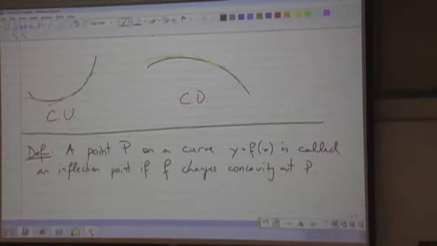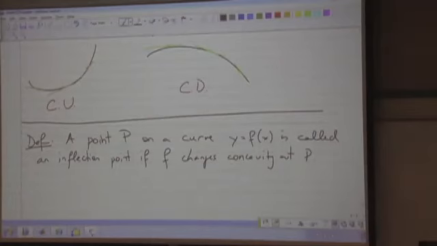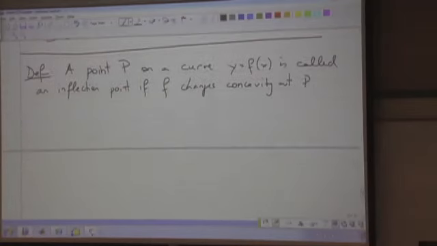Okay, so up to this point we haven't said anything about the second derivative. How would the second derivative actually help us? So let me write it out.